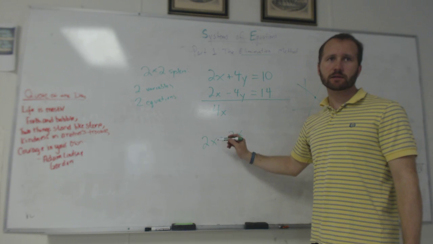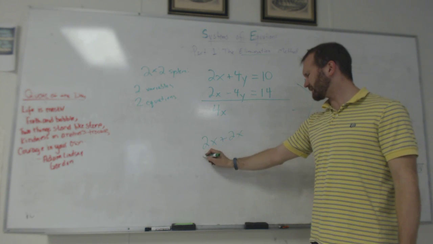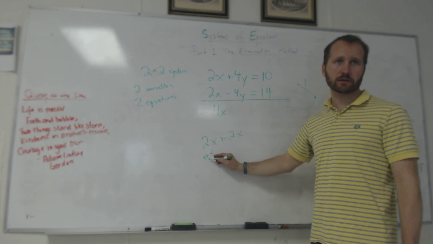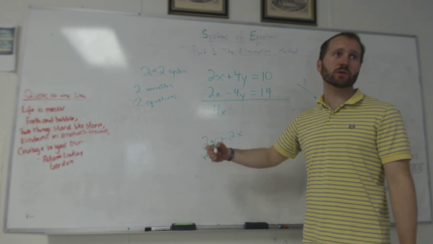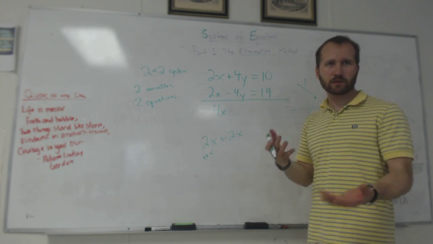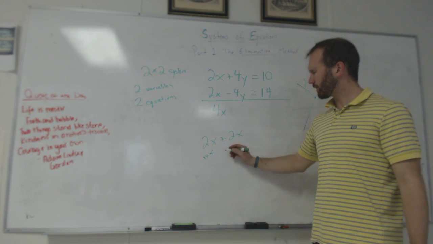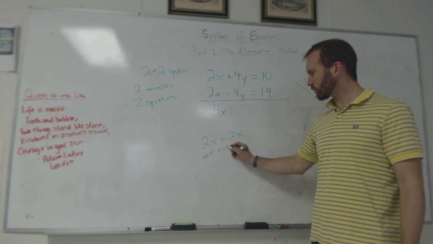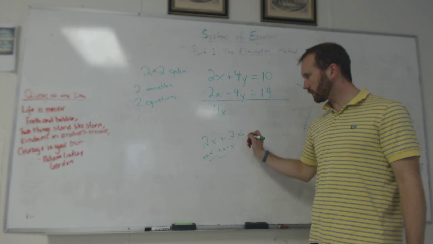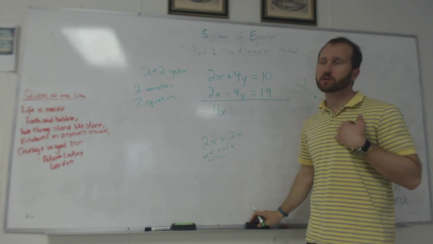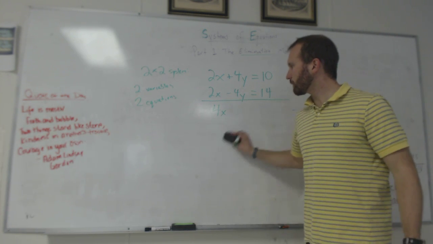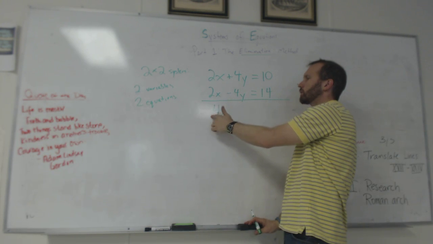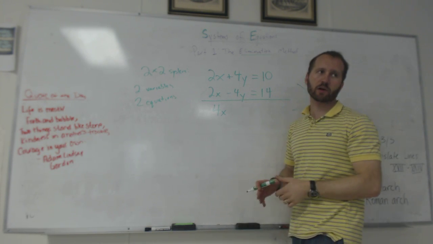Remember, 2x means x plus x. That's what 2x means. Or it means 2 times x. Those are the same thing. X plus x plus x plus x. In total, I'm adding 4 x's together. So 2x plus 2x equals 4x. Really all I have to do is add the coefficients. 2 plus 2 equals 4. And the variable stays there.